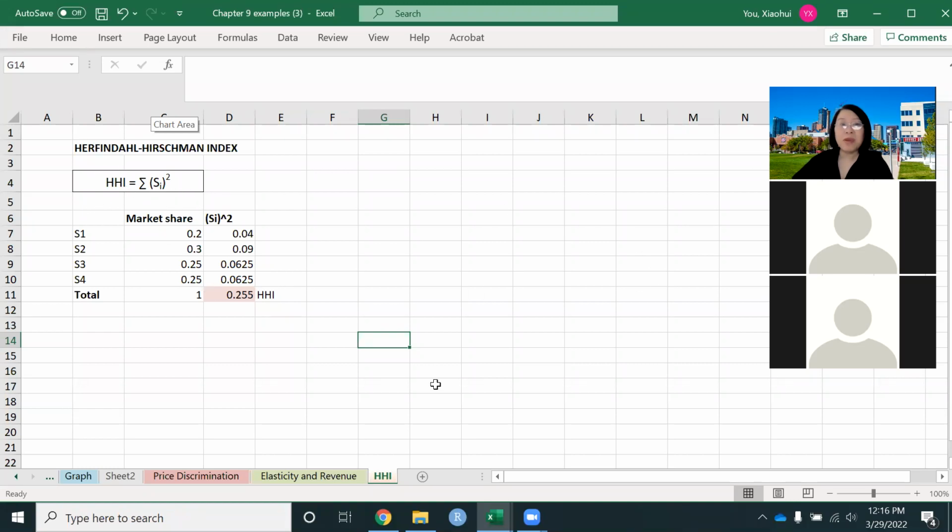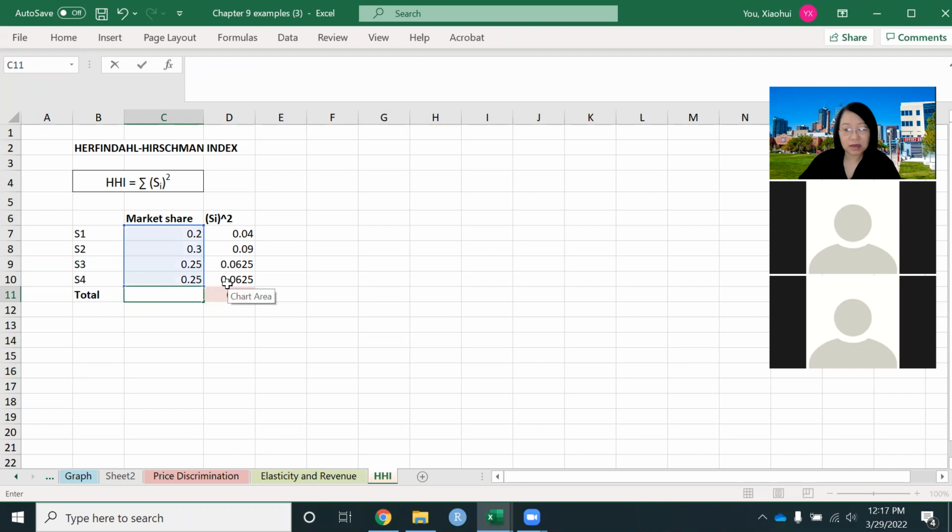Before we do this formula, we need to have something in mind. Remember, no matter how many firms are in the market, their shares added together should be equal to 1. Like this one, we have 4 firms, right? So all the shares added together should be equal to 1. We just sum.